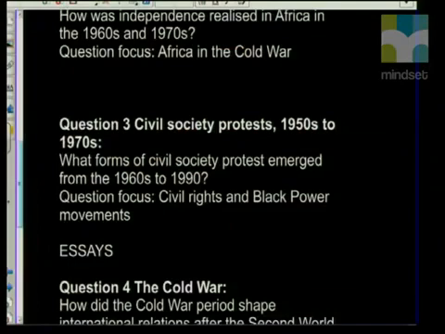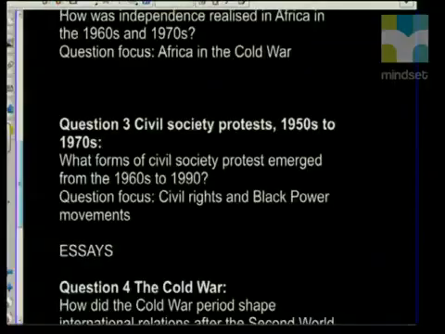You'll be looking at what forms of civil society protests emerged from the 1960s to 1990. In this theme, we're looking at the civil society protests in the United States and other parts of the world, not in South Africa. Please make sure that you've studied the correct theme for that. The focus question there will be the civil rights movement and the Black Power movement.